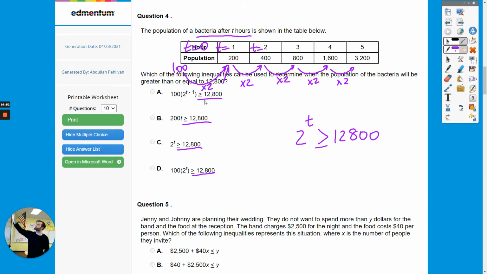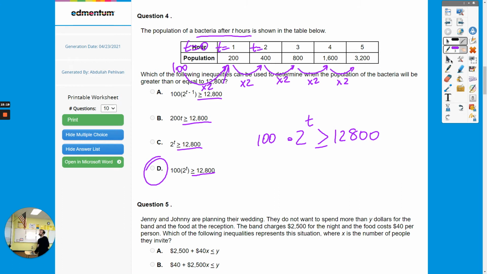That number is 100. And to find that number, all you do is inverse operation. 200 divided by 2 gives you 100. So it's going to be 100. So 100 times 2 to the power of t is greater than or equal to 12,800.